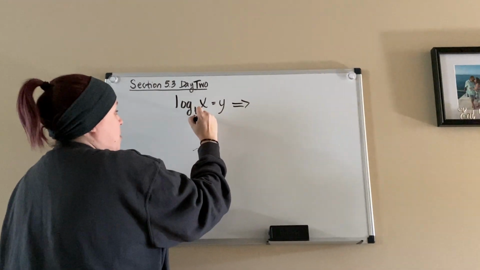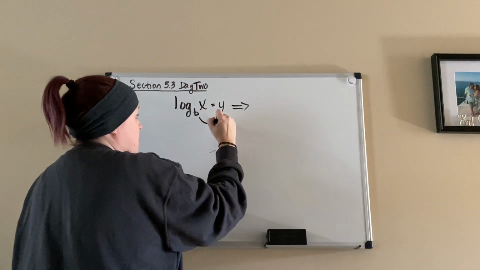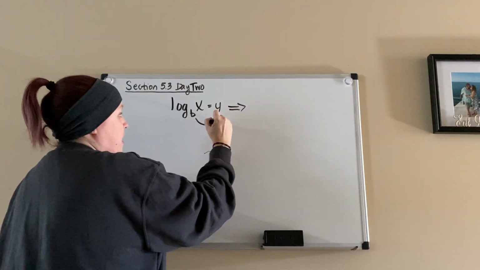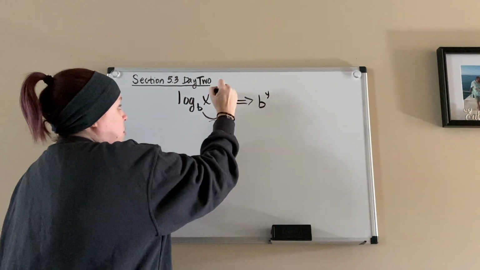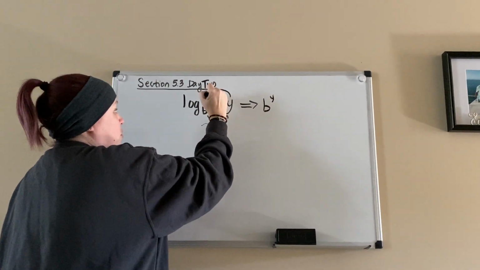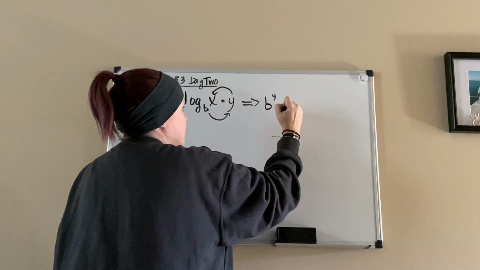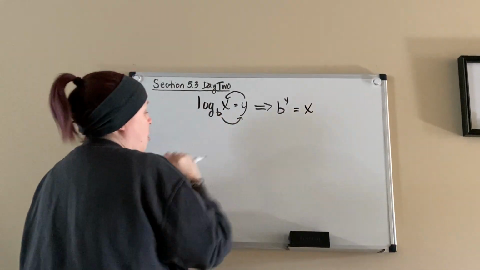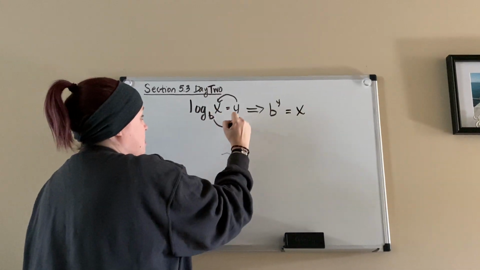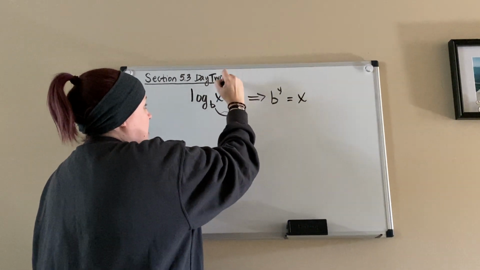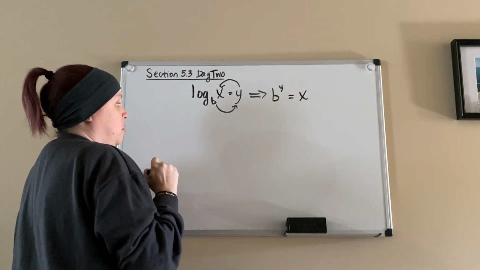You take the base number to the power of what's on the right side, so b to the power of y, and then I'm still finishing the circle. It's equal to what's on the inside of the logarithm. So I go in a circle. The base to the power of what's on the other side equals what's in the middle.